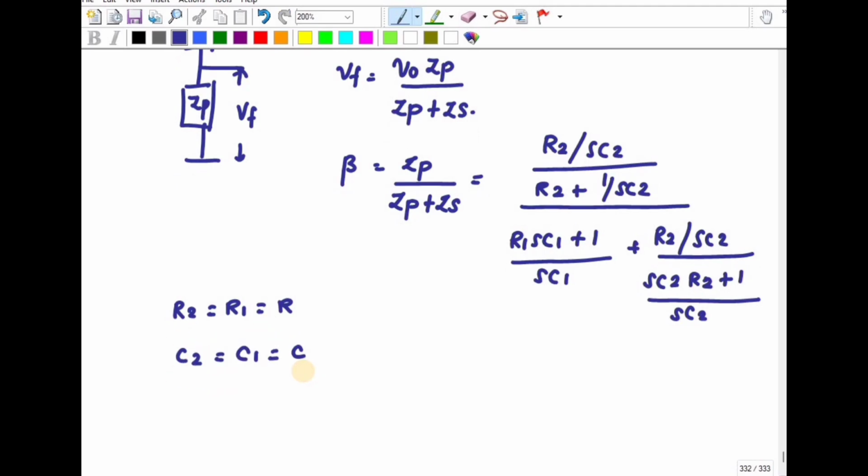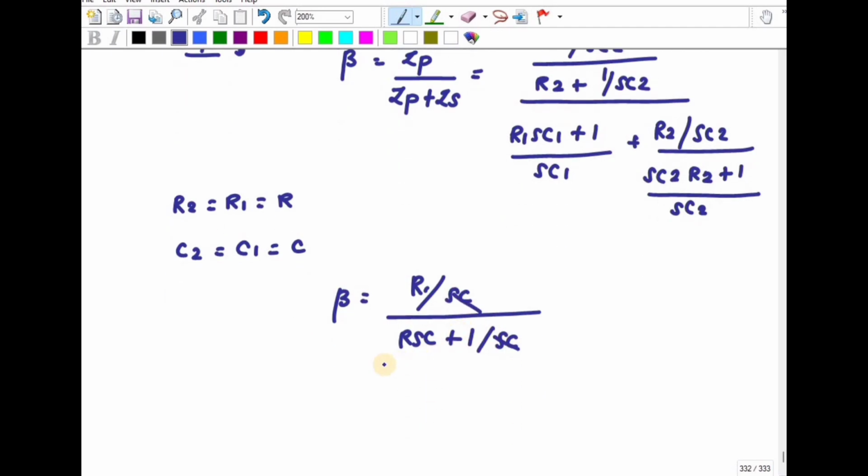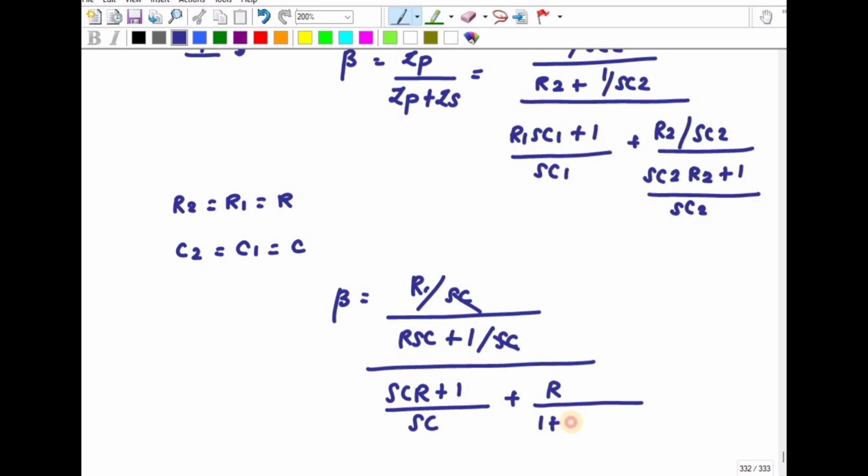So if you substitute, you will get beta is equal to R divided by SC by RSC plus 1 divided by SC. So this SC gets cancelled out. Divided by CSR plus 1 divided by SC plus R divided by 1 plus RSC.